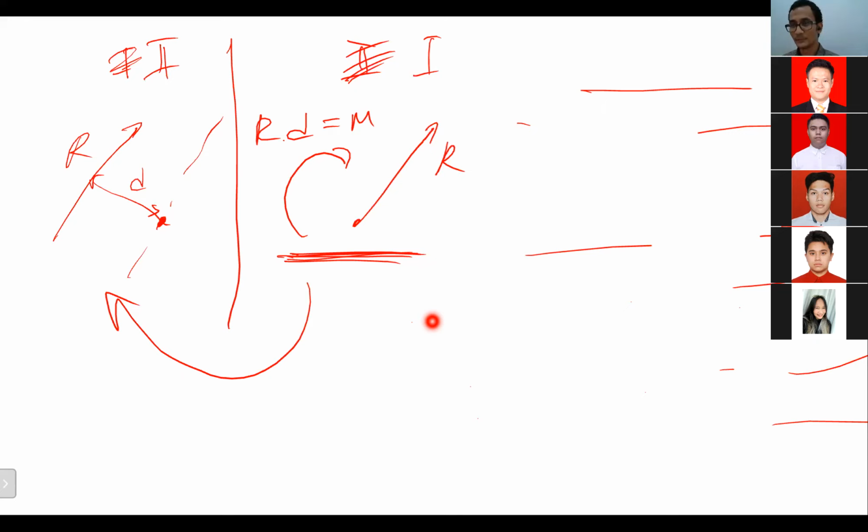Now the logic becomes like this. We have a force couple, and I want to represent it as one force. Then that one force is supposed to create the same effect as the force couple.